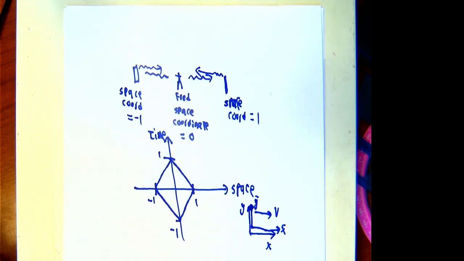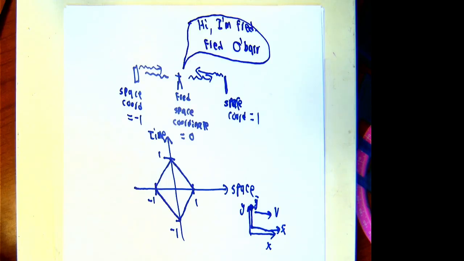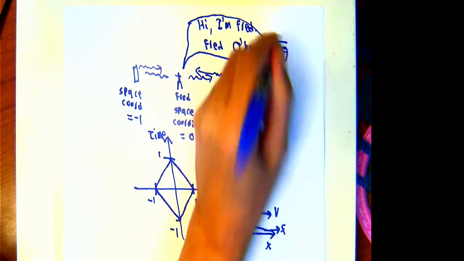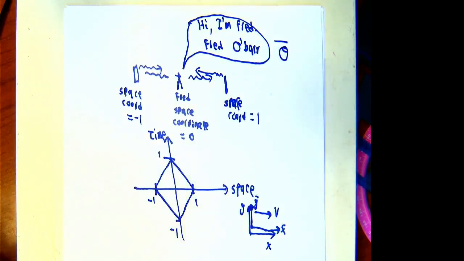So I'll finally go on and say it. Fred is at rest with respect to the barred coordinate system. The other inertial frame I'll just refer to as the unbarred system. Fred O bar is my small joke about the name of the reference frame.